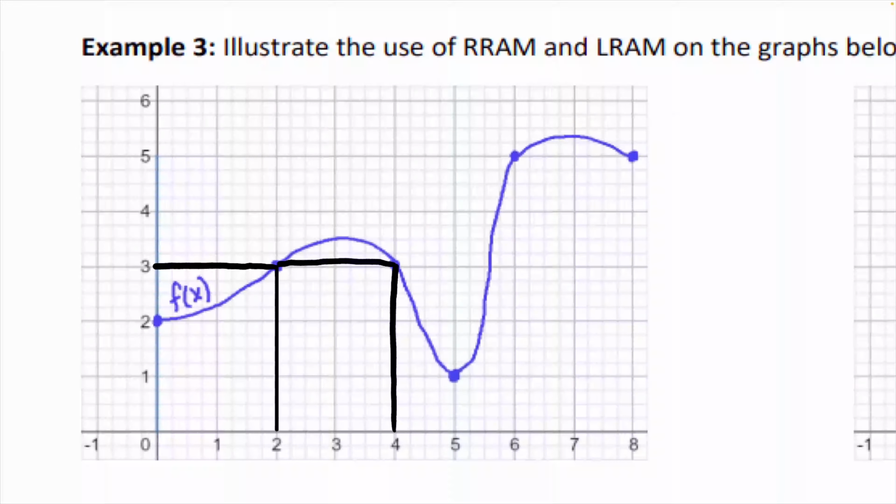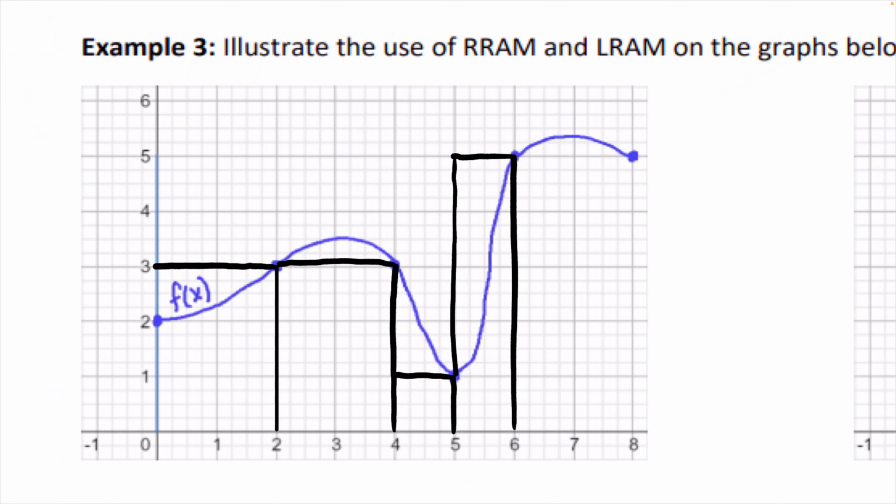The next rectangle is not going to be as wide. You see the next dot is at 5, so we're just going to go up 1, and go left as far as we can. That makes a square or a rectangle. The next dot is at 6, so when x is 6, we go up to 5, and then we're only going to go over 1 unit, because otherwise it wouldn't be a rectangle if I went too far to the left.